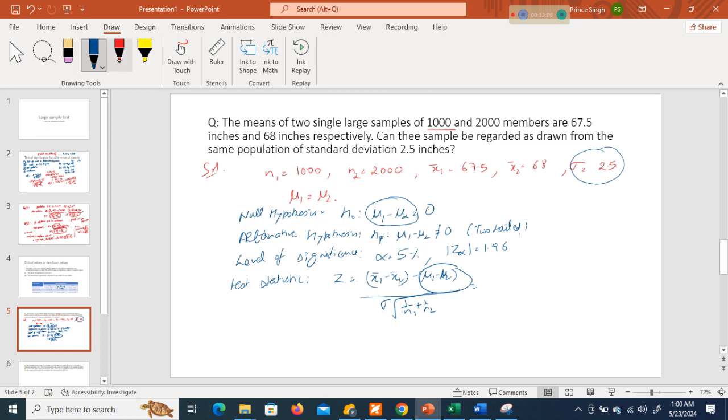So Z is 67.5 minus 68 minus 0 upon 2.5 times square root of 1 upon 1000 plus 1 upon 2000, which is minus 0.5 upon 2.5 times the square root of 0.001 plus 0.0005.